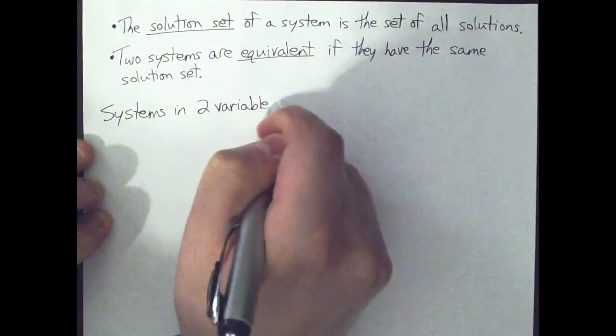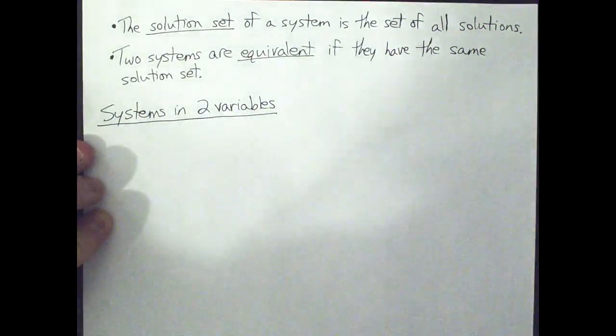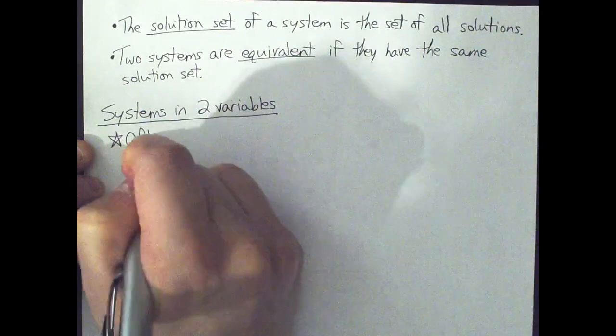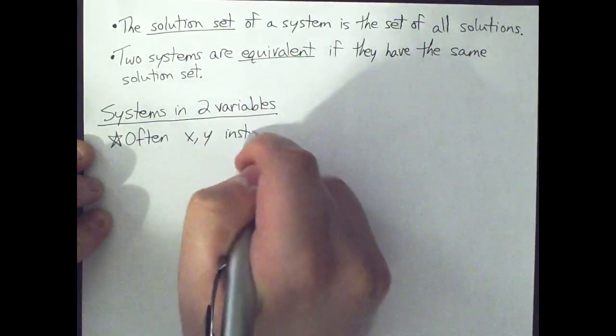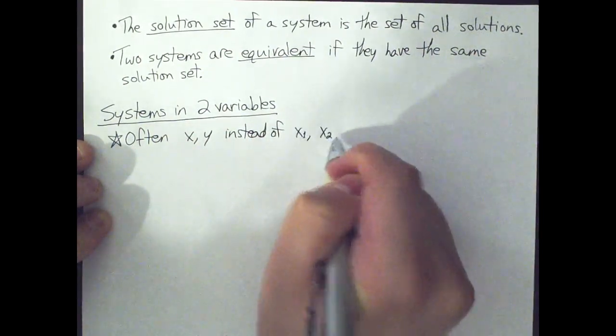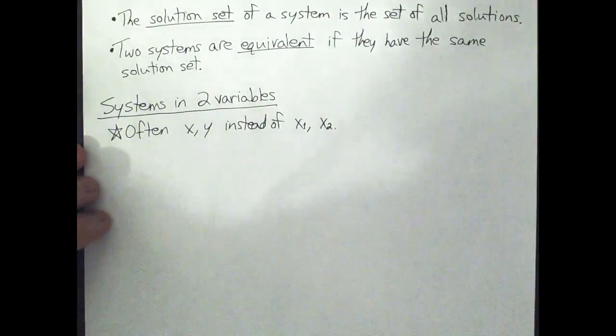Let's just start with two. Systems in two variables are easy for us to visualize and easy for us to understand. And in this case, it's often x and y instead of x1 and x2. You know, if there's only two variables, a lot of times we like to call them x and y.